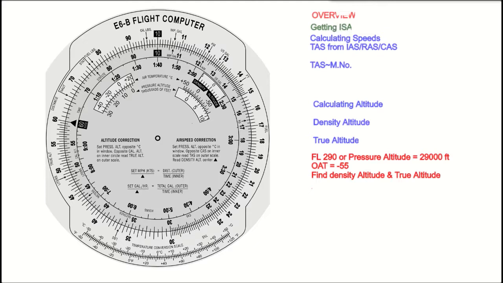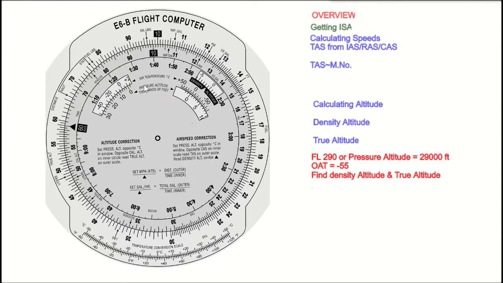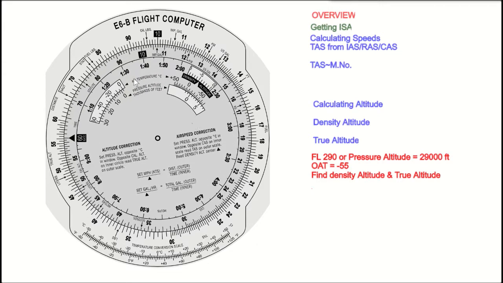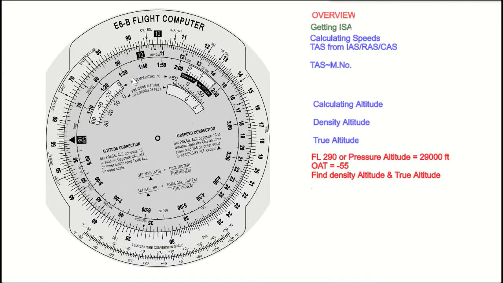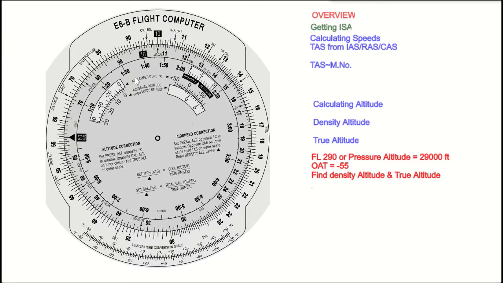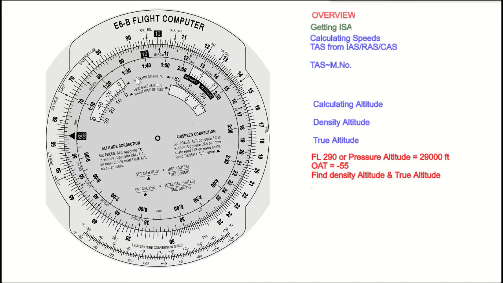Now let's see how to find out the true altitude. For true altitude, we are going to use this window. That means that I'm going to set 290 against minus 55, which should be somewhere here.